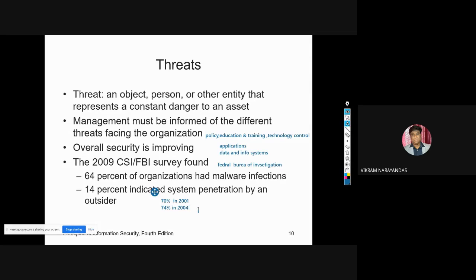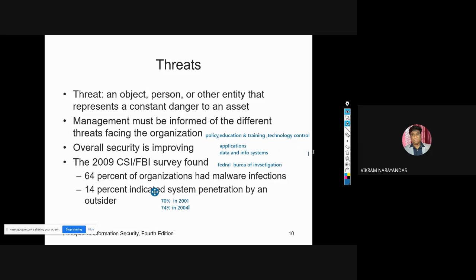Only 34% of organizations reported their attacks to law enforcement. Maybe they are corporate companies, maybe government agencies, that experienced computer security breaches within the last year.